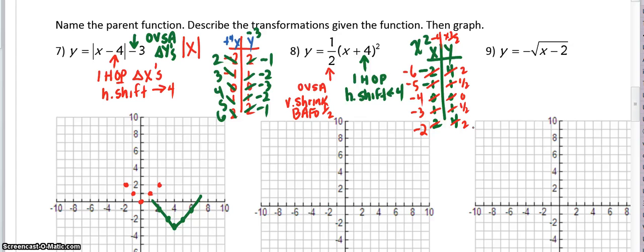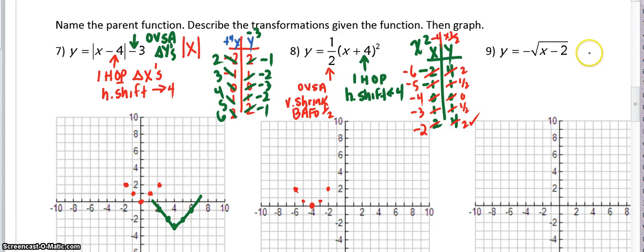So now you would plot those points. Another way you could think about this is to locate the vertex, which is at -4, 0. Notice that's in our chart as well. In the pattern, instead of over 1 up 1, we go over 1 up 1/2. Instead of over 1 up 3, we go over 1 up 1.5. And then you can check and see, oh, look at that. The point -2, 2 is on my graph.